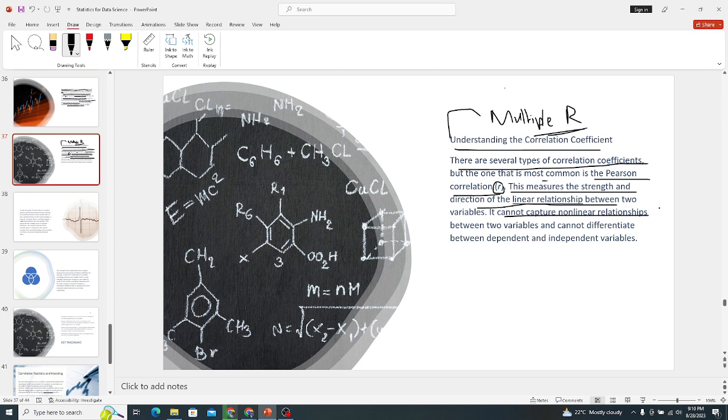So when you talk about correlation, there must be a linear relationship between these two variables. It cannot capture nonlinear relationships between two variables and cannot differentiate between dependent and independent variables, because either one can be dependent or independent.